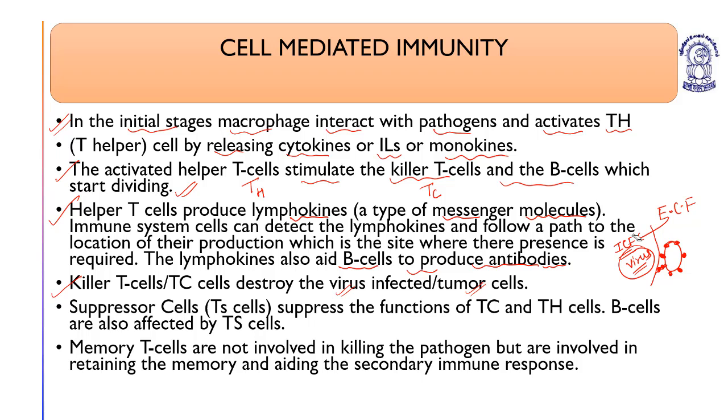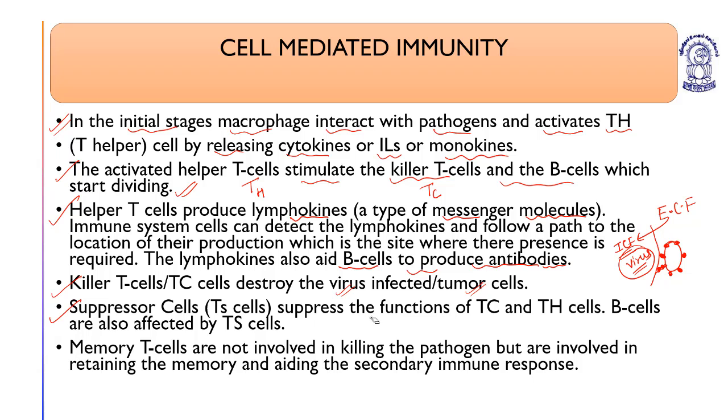So the T killer cells, or the cytotoxic cells, have antigen receptors on their surface which help them bind with the membrane of a pathogen like a virus or a tumor cell, and they then create perforins, which open the pores. The extracellular fluid enters inside, increasing the volume, thereby bursting the cell.